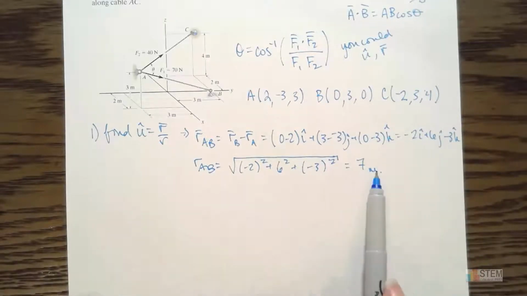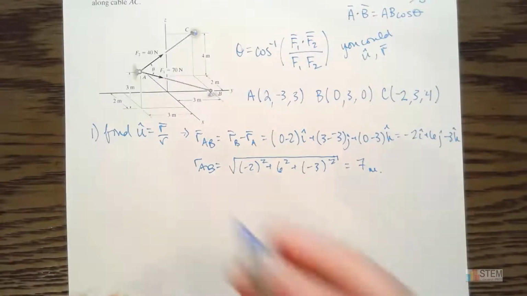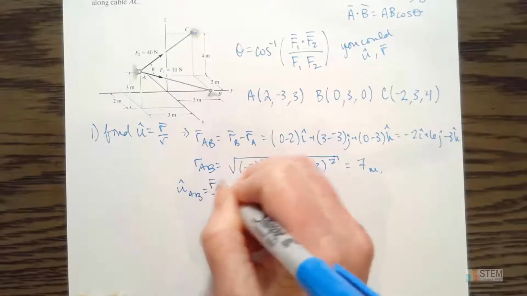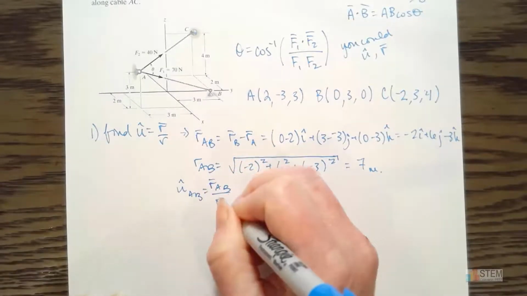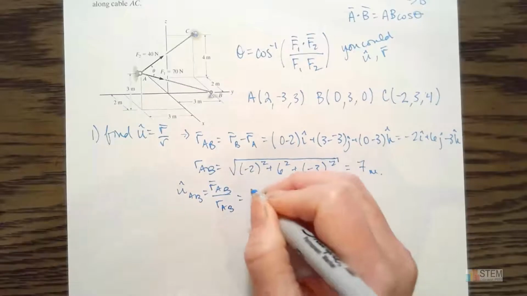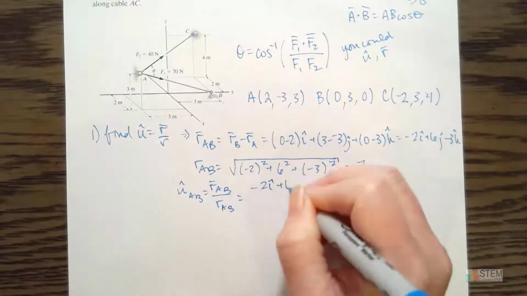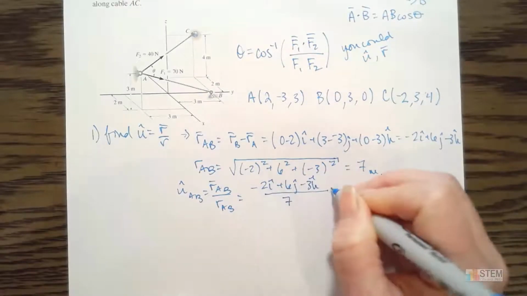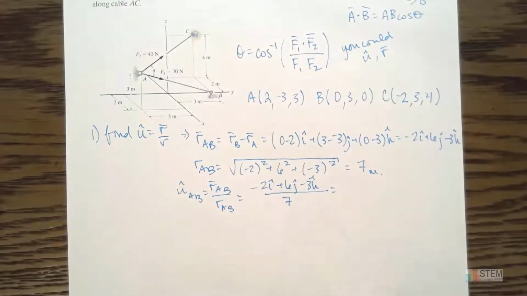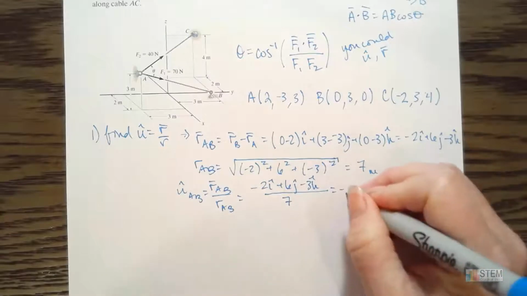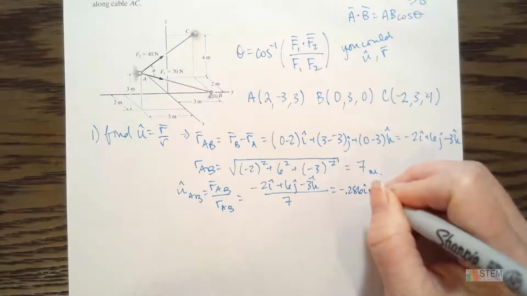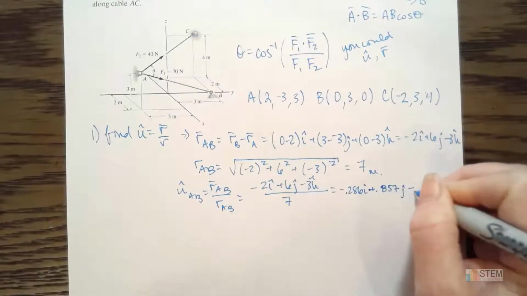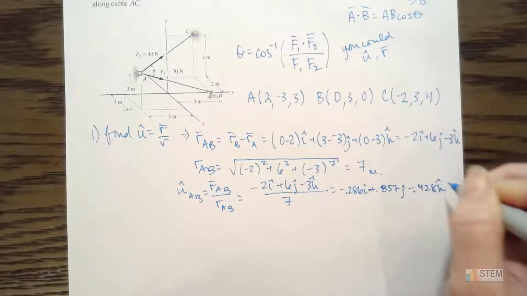We got that information, and now let's find U. So we just put RAB over the magnitude. That gives us negative 2I plus 6J minus 3K over 7. Then just divide each of those terms by 7, and that gives us negative 0.286I plus 0.857J minus 0.428K.